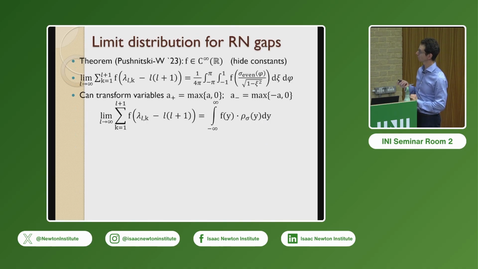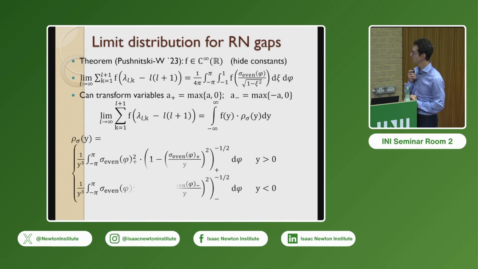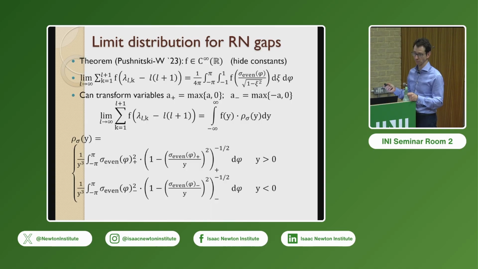This is what we get if we change the variable. So this is the limit distribution, rho of y. I don't expect you to follow everything, but you can see that for a given phi, this is the same distribution that we derived with Zev.